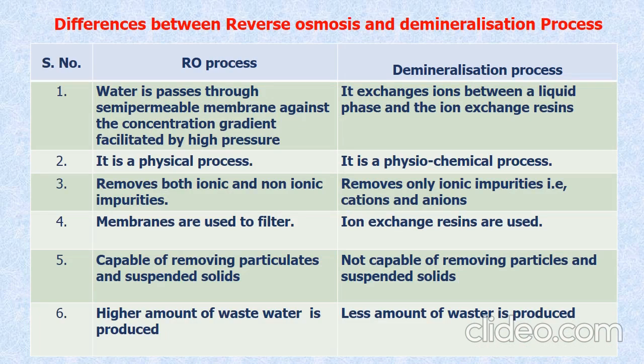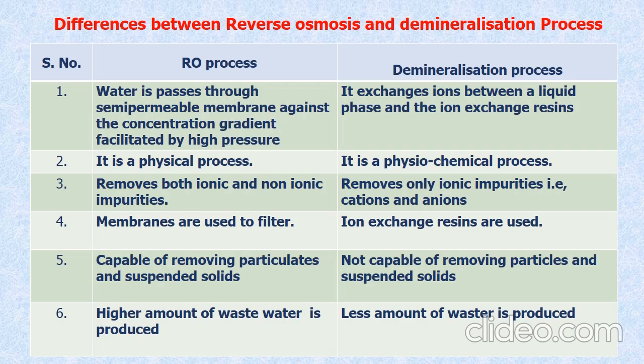Now, the difference between reverse osmosis and the demineralization process, which we have learned already. What are the major differences? As I said, for any differences, we should first go with the definition. In reverse osmosis, water passes through the semi-permeable membrane against its concentration gradient, facilitated by high pressure. So by applying high pressure, we get pure water passing through the semi-permeable membrane.